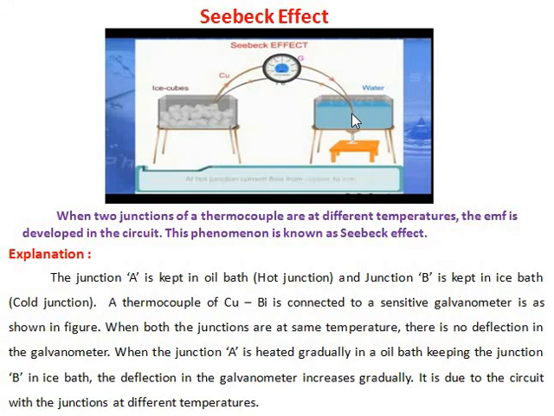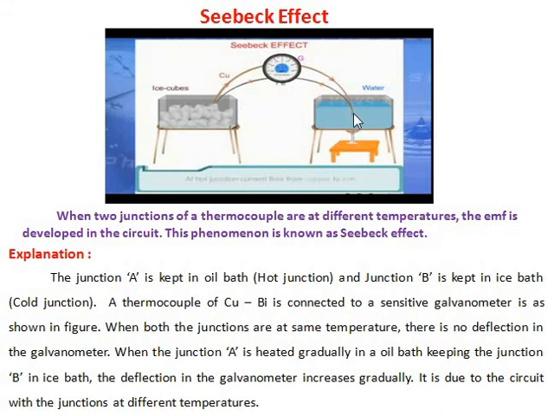After taking the heat energy from the hot bath, they get accelerated and move towards the cold junction. These electrons are now moving from lower concentration to higher concentration, so a reverse osmosis process takes place here.